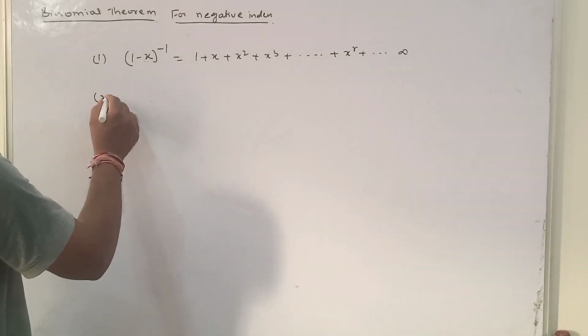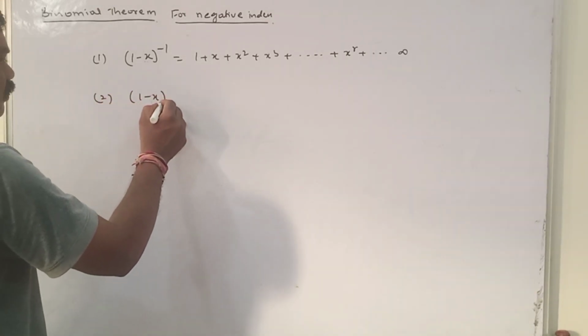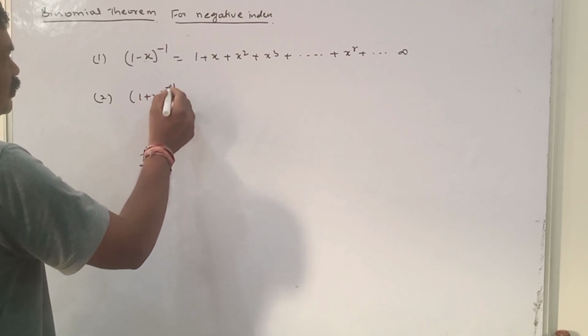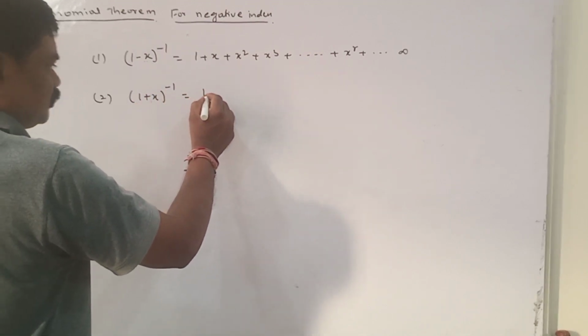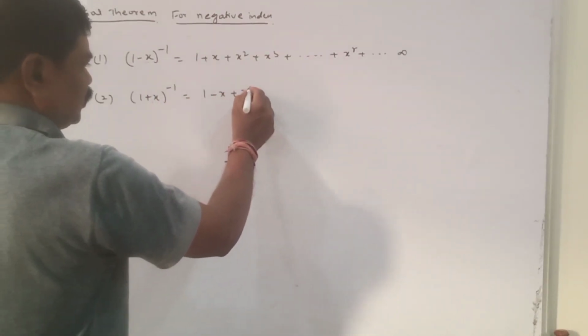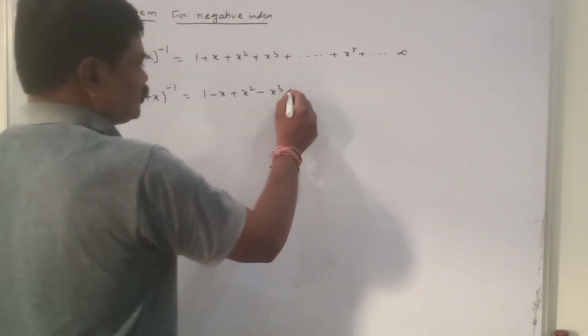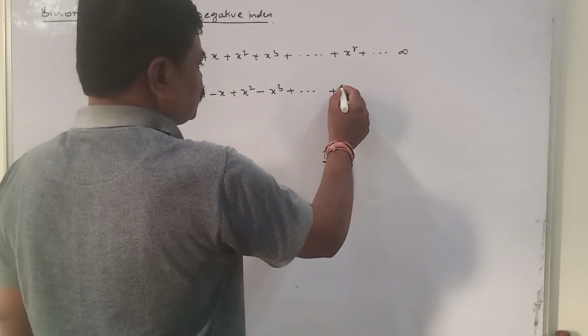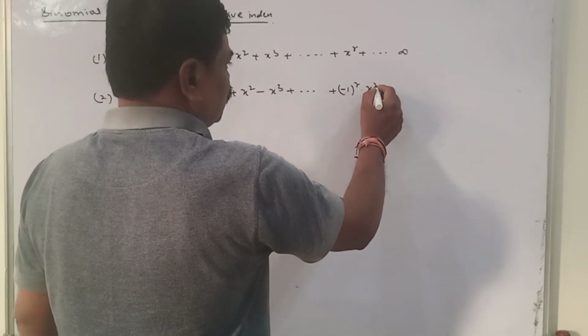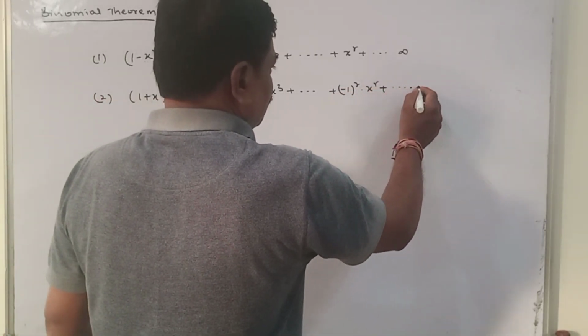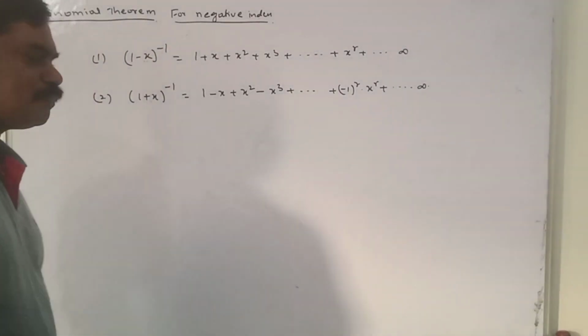And the second one: (1 plus x) whole power minus 1 is equal to 1 minus x plus x square minus x cube plus so on plus (minus 1) whole power r into x power r plus so on up to infinity.